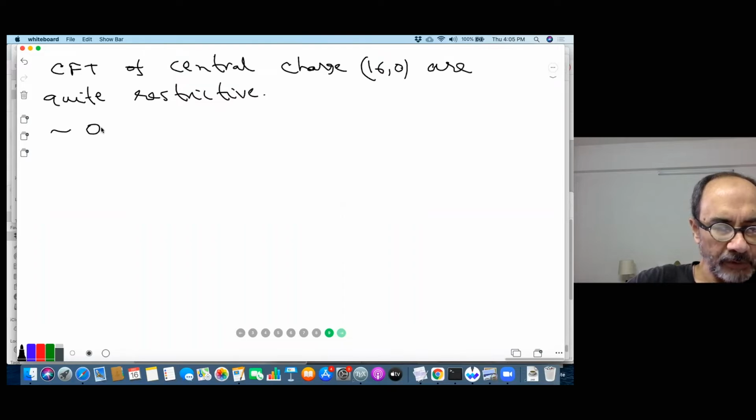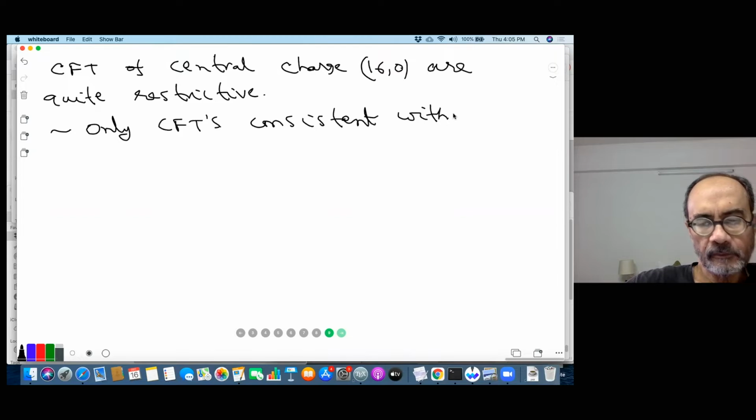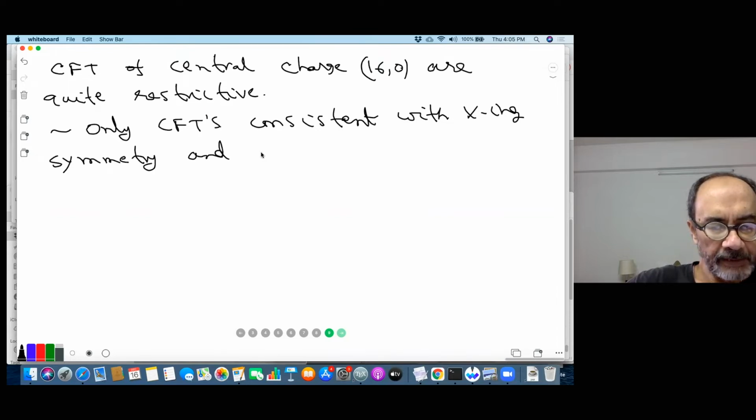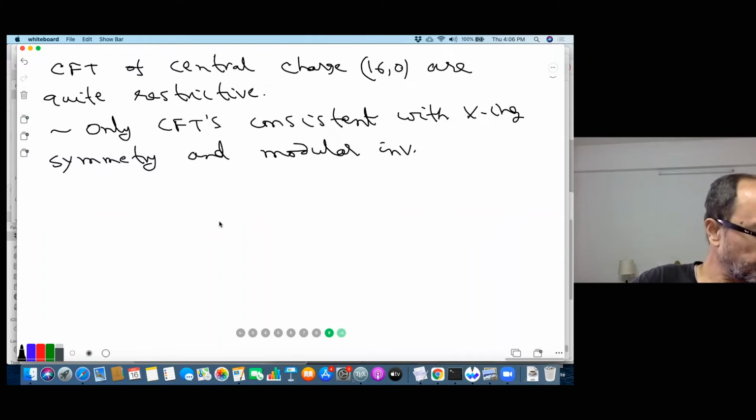And in effect, we only have two CFTs consistent with crossing symmetry and modular invariance. Let me remind you, crossing symmetry is the symmetry of the 4-point function, and modular invariance is the symmetry of the torus 1-point function. Okay, and once these are satisfied, then you have a consistent CFT.